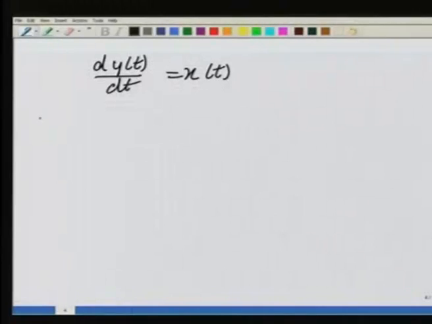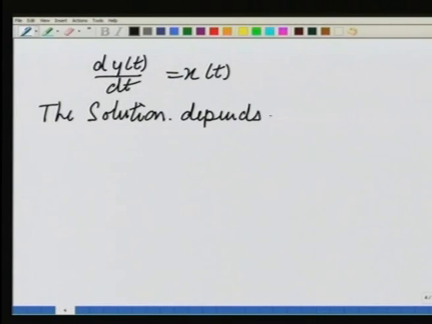Studying the solution of the differential equation, first, it depends on the forcing function.